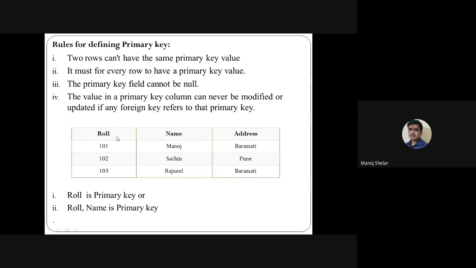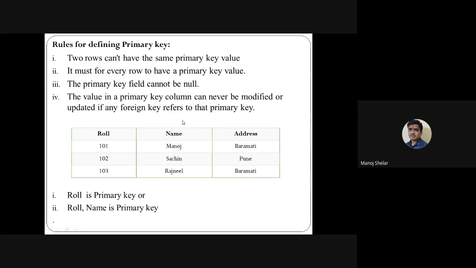Either roll number is a primary key, no problem. But there are two types of primary key: composite primary key and single attribute, that is column level primary key and table level primary key. So roll number as a primary key, no problem. But suppose some users say no, only roll number is not enough; in my table, roll number and name is a composite primary key. Yes, no problem.